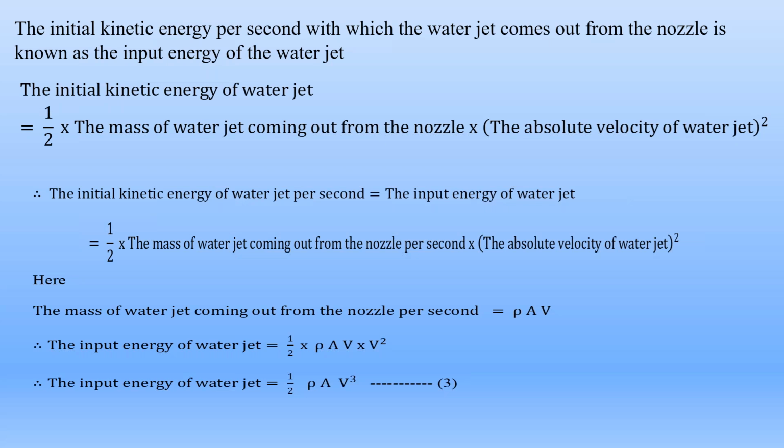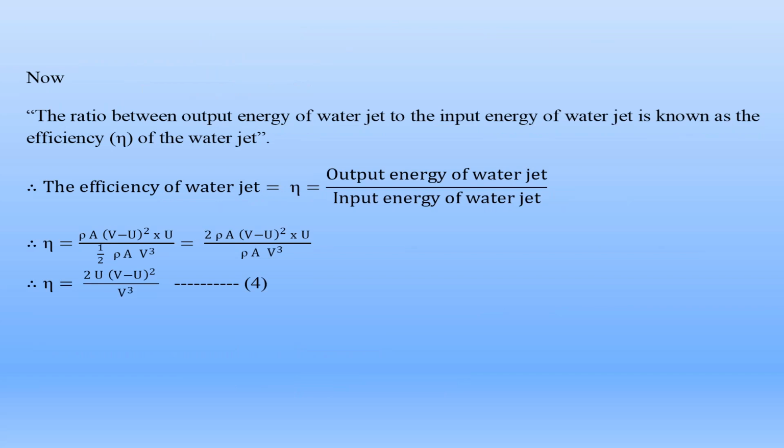This efficiency is applicable only when the metal plate is in moving condition. Now I am going to discuss the definition of the efficiency of the water jet. So check this PPT on your cell phone screens.